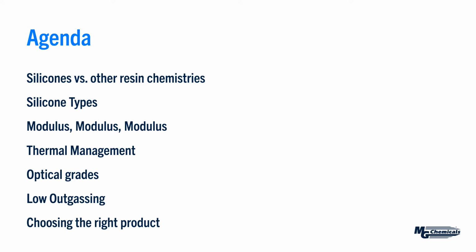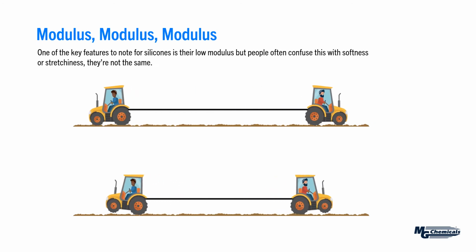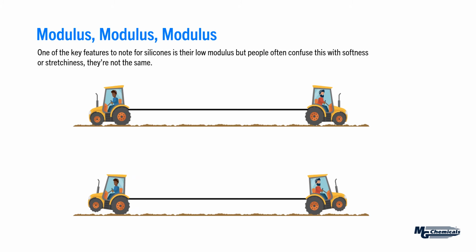Okay, now I want to look at the concept of modulus, which we have talked about before. So again, if we look at this illustration, what I've done here is I wanted to show that, okay, if you have two materials that you could stretch to the same distance, and let's say they were to snap at that distance that we've pulled them apart.